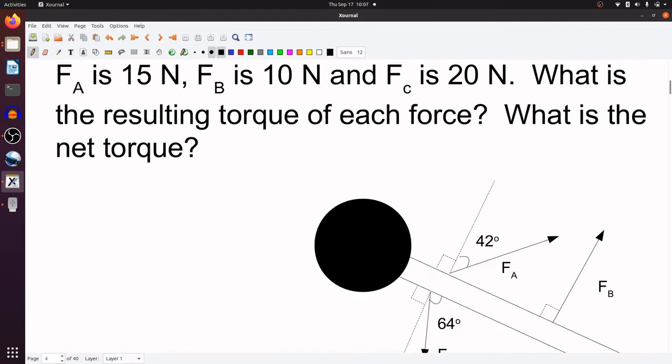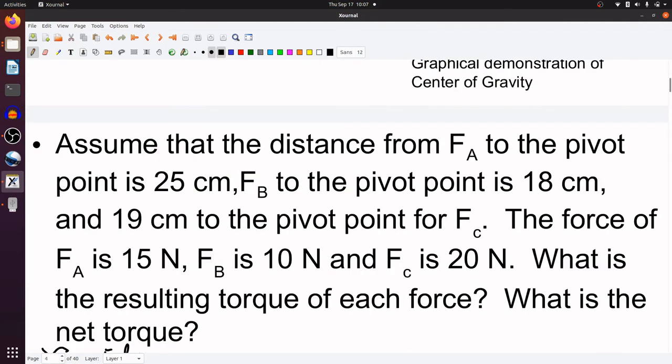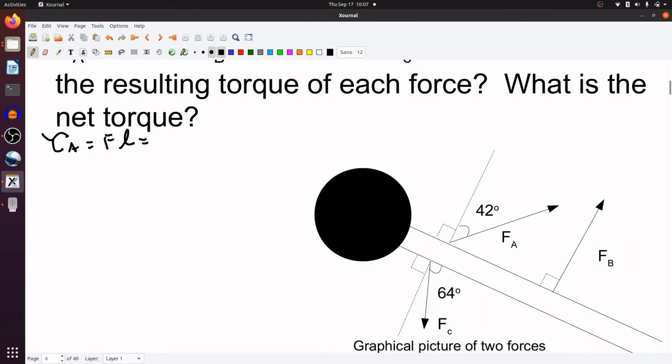All right, so we'll have to find multiple torques here, so let's do that. First, let's find tau A. It is defined as force times the lever arm. And the lever arm is given as 25, but we don't know the force.